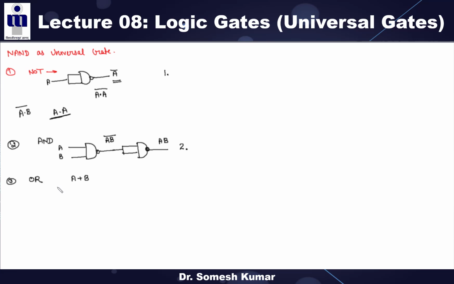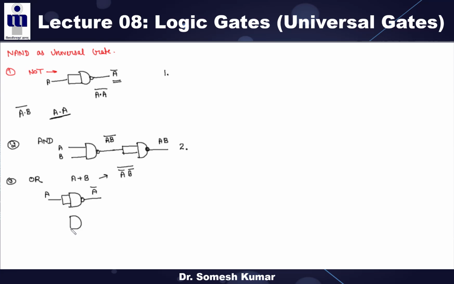We see this is A plus B. So you can convert this OR into the NAND form. Can I write like this? Okay. So from here, what is A bar? This is your A bar, right?